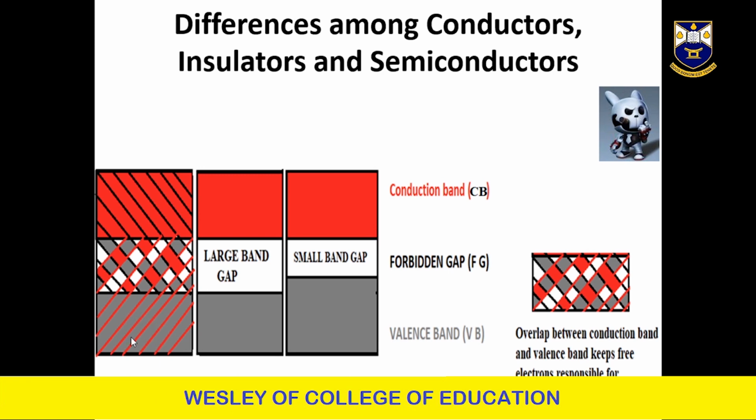And these 2 lines, from the conduction band and from the valence band, intersect inside the forbidding gap, as shown on the slide on the right hand side if you are looking at your slides.